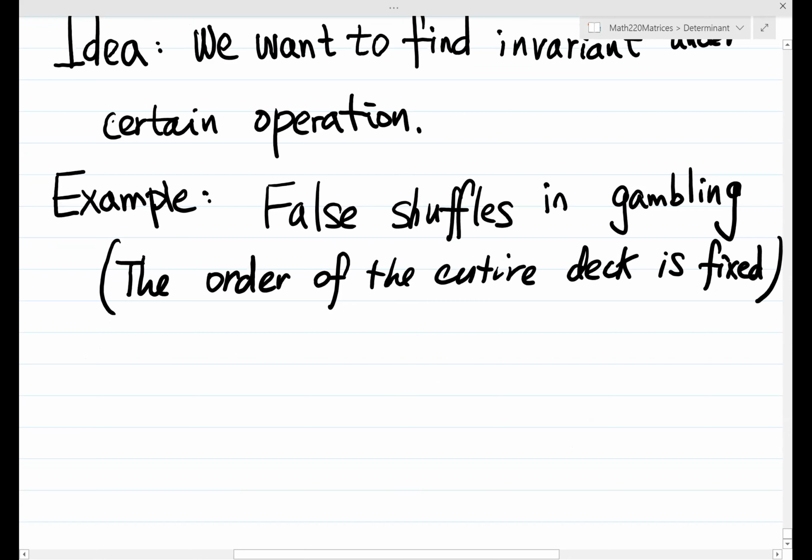There are many examples. For instance, another example: if you play these dice games, let's just make it simple.